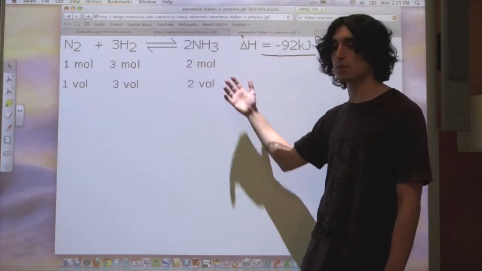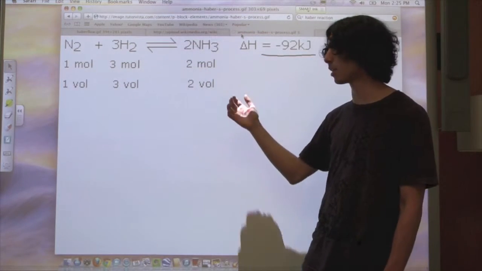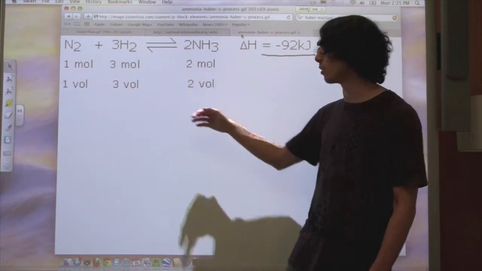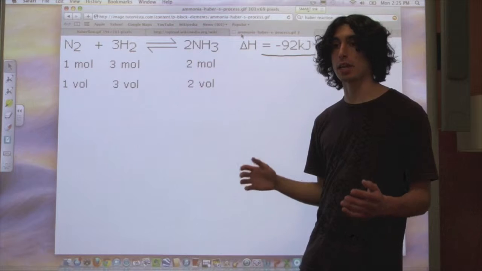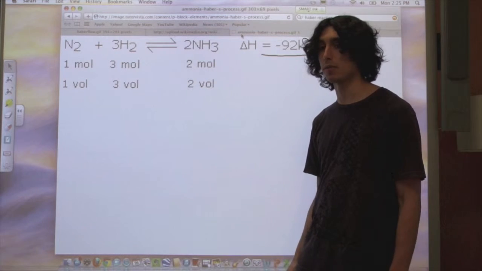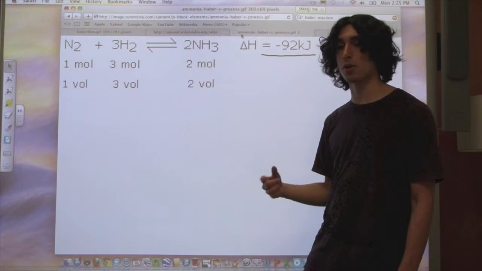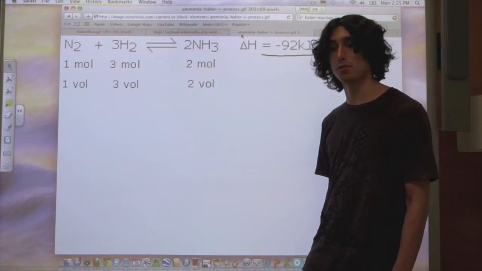So if you only get 15% ammonia on your first pass through the reactor, you pull that ammonia out and you send the remaining nitrogen and hydrogen back into the reactor, and you're going to get it to continue making more ammonia. And if you keep that loop going, you're going to get a very high yield for that ammonia.